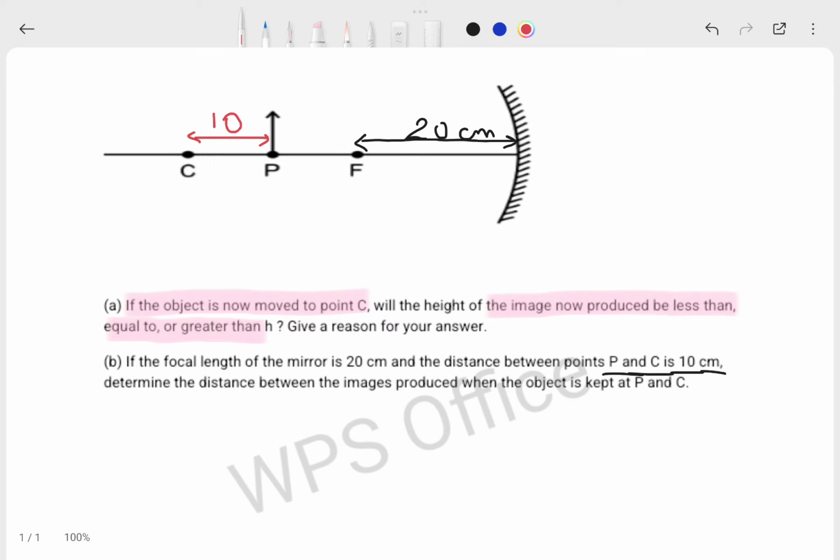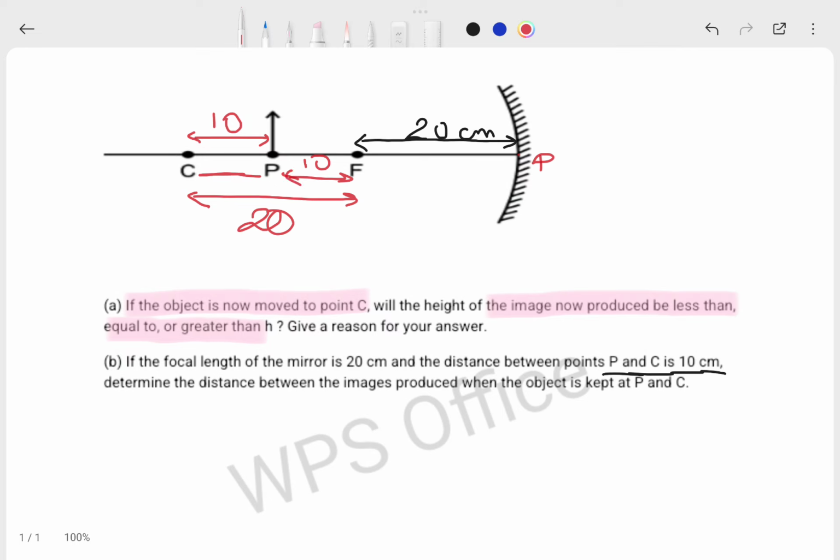Now see, if the distance between pole and focus is 20, then the distance between focus and center of curvature will also be 20. This particular distance CP is 10 centimeter, then PF will also be 10 centimeter because this complete distance is 20 centimeter.